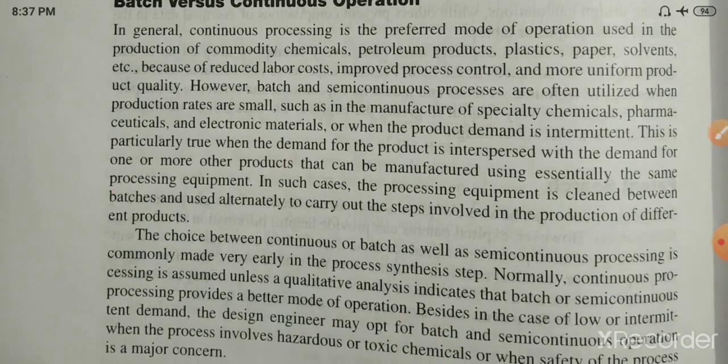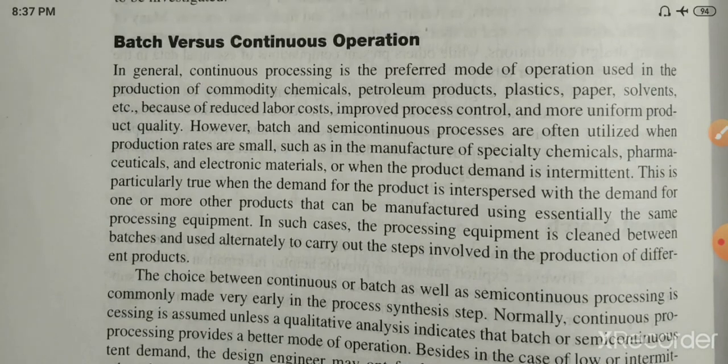In general, continuous processing is the preferred mode of operation used in the production of commodity chemicals, petroleum products, plastic, paper, solvents, etc., because of the reduced labor cost, improved process control and more uniform product quality.